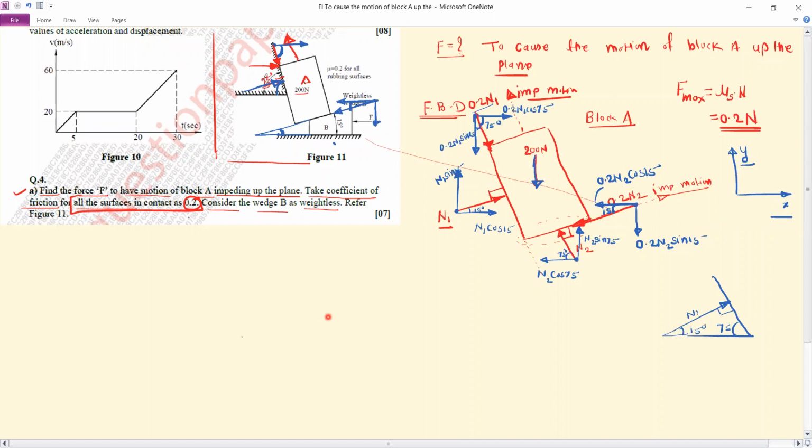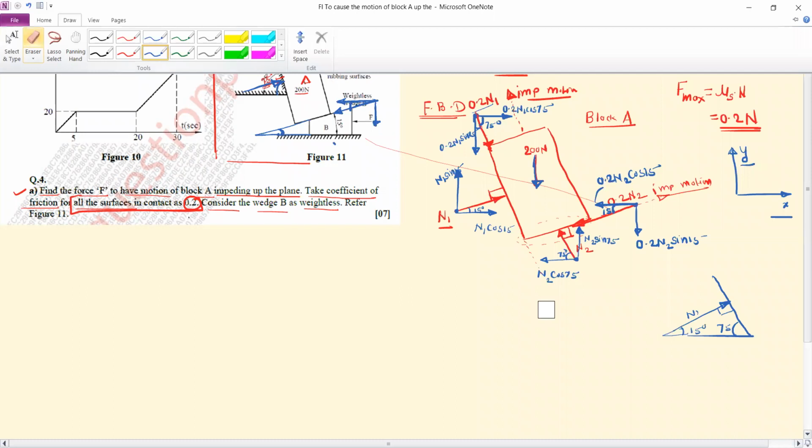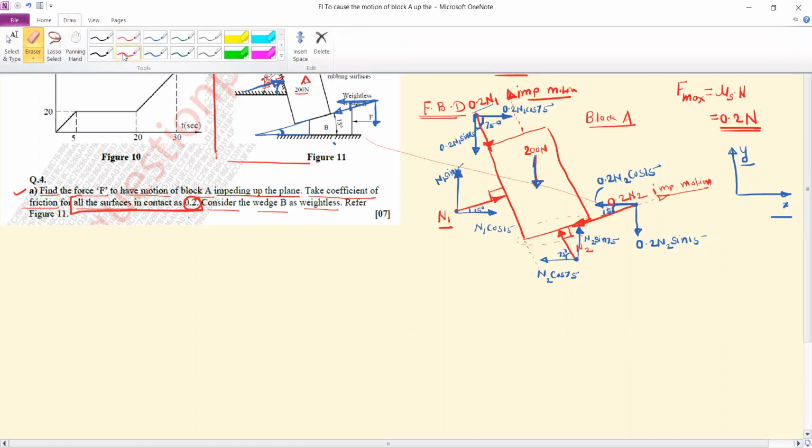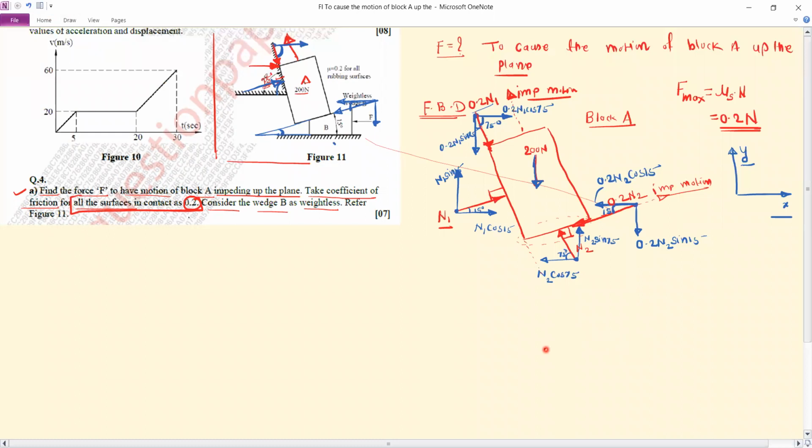So after this, you can draw the free body diagram for the wedge. So draw the second free body diagram just below the first free body diagram, because this N2 reaction is a common reaction.